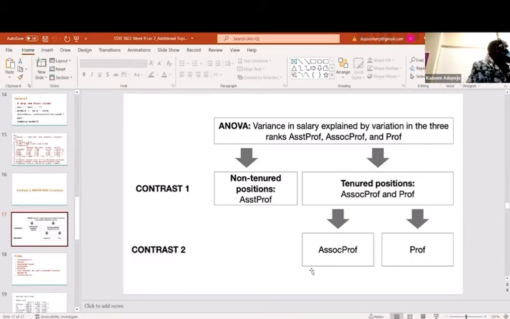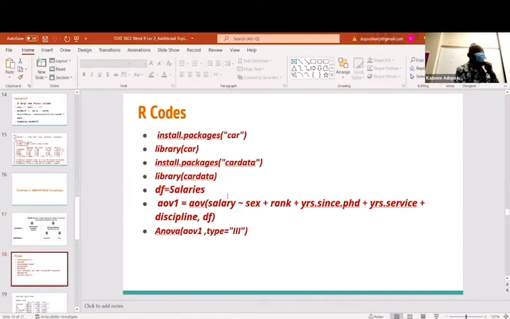Now, when you look at the two contrasts that I'm showing you now, these are the two contrasts we basically want to test. But you know what? This is the arrow code. Now, if I want to use analysis of variance, I'm basically going to look at the effect of rank on the salaries, right?